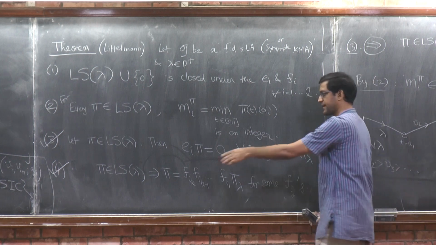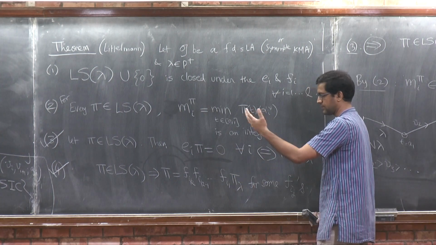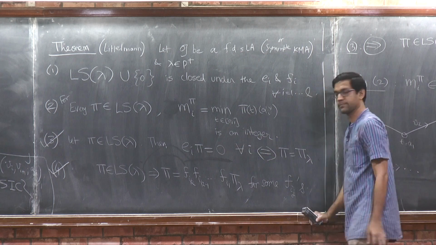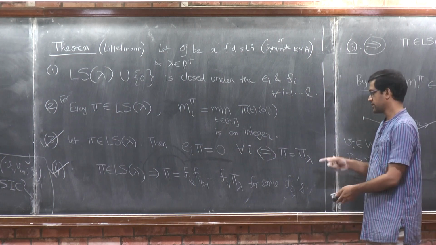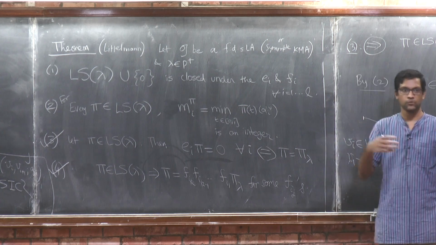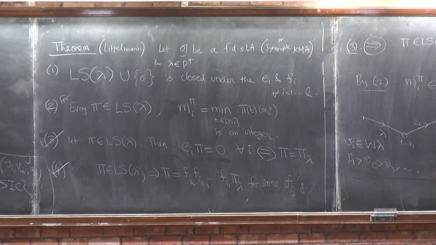So successive applications of the Fs, or the analog of the Fs in the representation theory, will generate the entire representation. So you can think of these as some sort of combinatorial shadows of those facts.